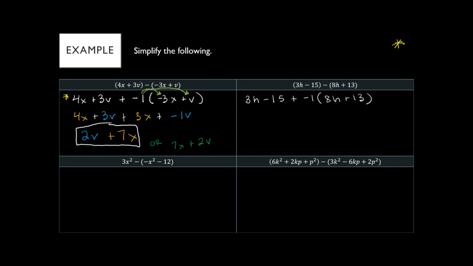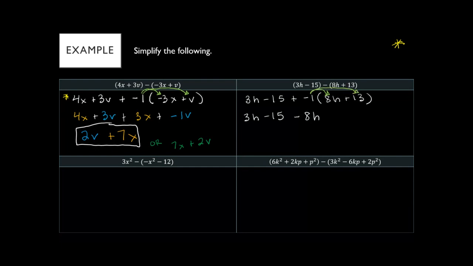So the first parts are going to be the same, 3h minus 15. But then I'm going to distribute -1 times 8h, gosh, I'm saying the wrong letters, the wrong signs. -1 times 8h, so that's a -1 times 8, so that's a -8, and then we have an h.